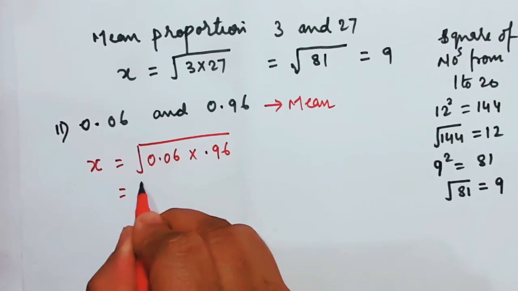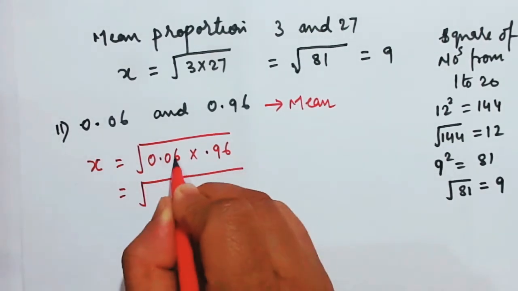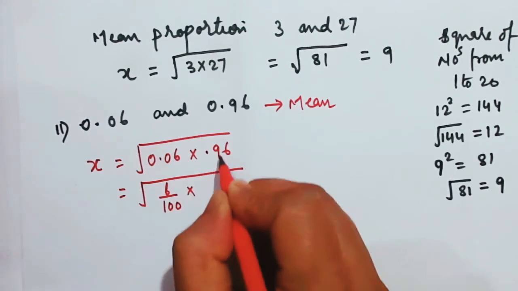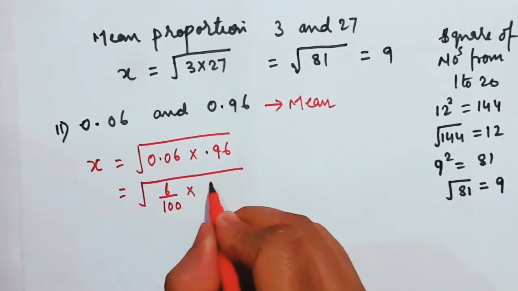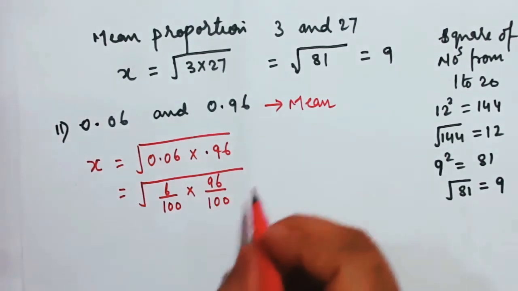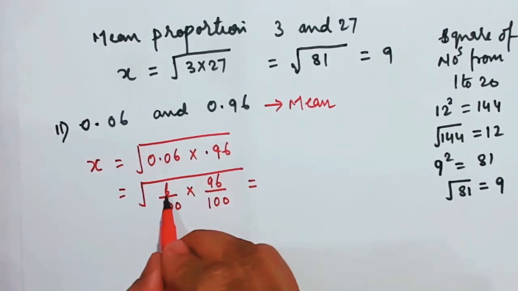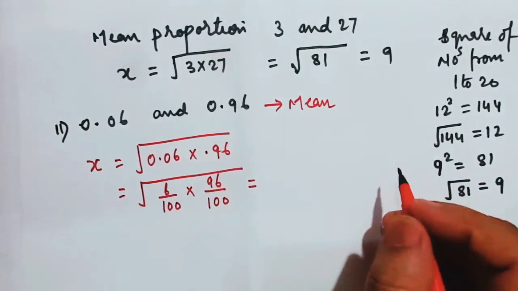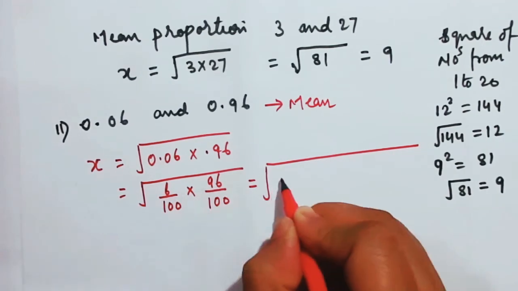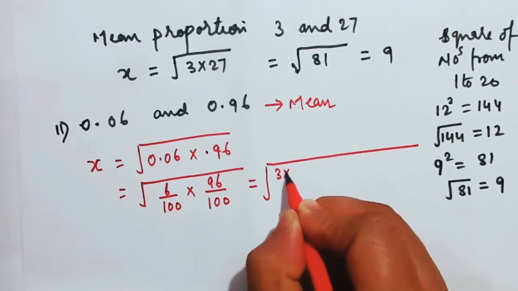Let us see, have patience. 0.06 can be written as 6 by 100, and 0.96 can be written as 96 by 100. Very good. Now the next step is you break this 6 and 96 into factors. 6 will be 3 2 times 6.